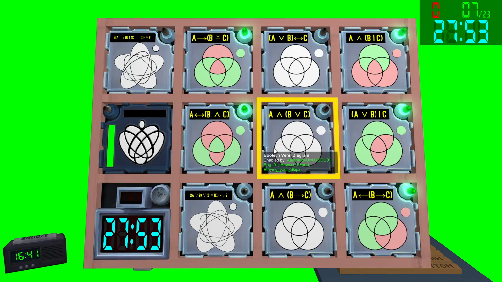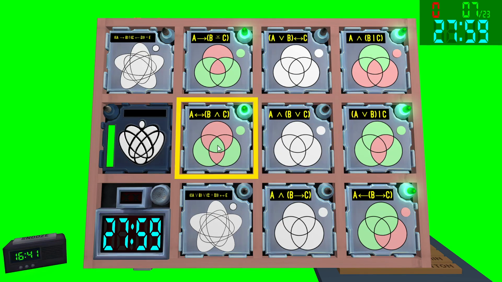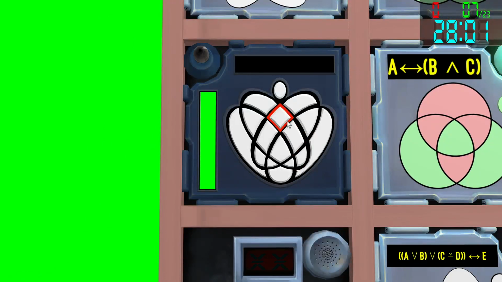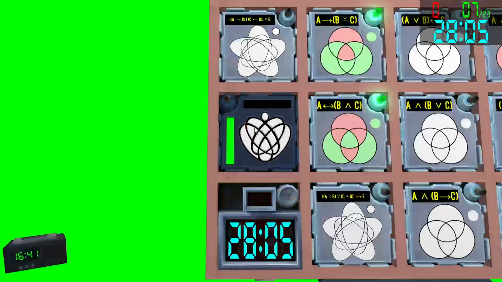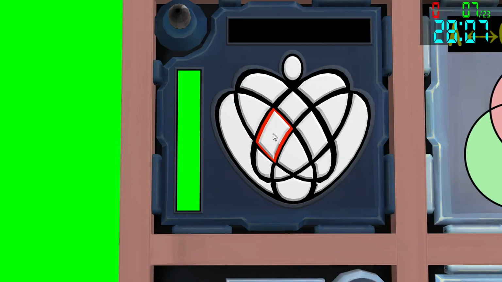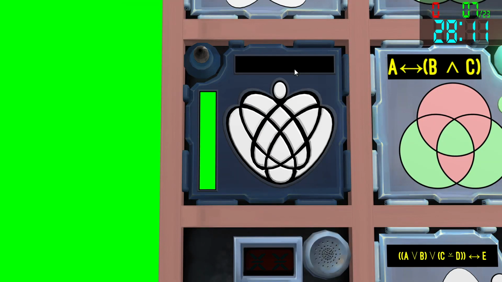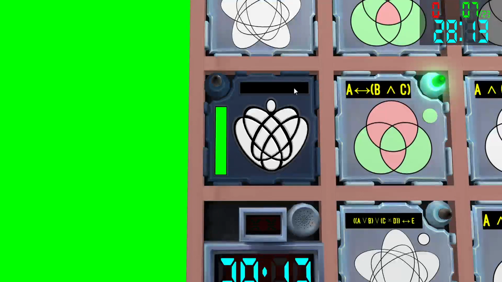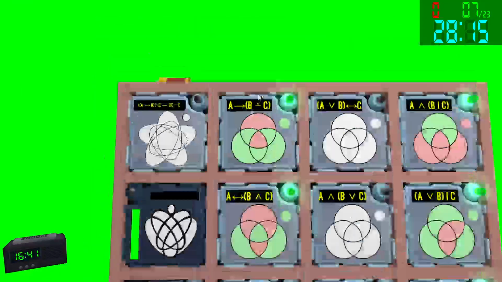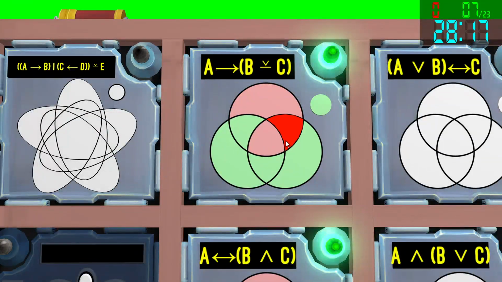I know it's a jumbled mess, and I know it's really hard to explain, but I think you can kind of get the strategy here. We need to get an expression where we can eliminate half of the answers and keep eliminating half of the answers and do it within that 30 seconds to solve the module. And if it was XOR, it'll just be harder because we need to compensate.